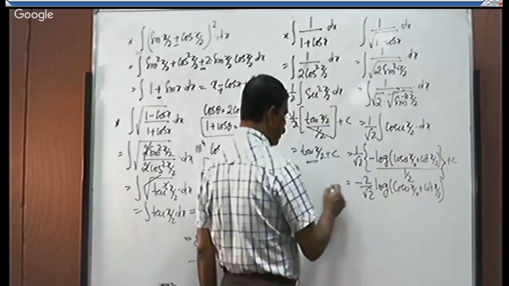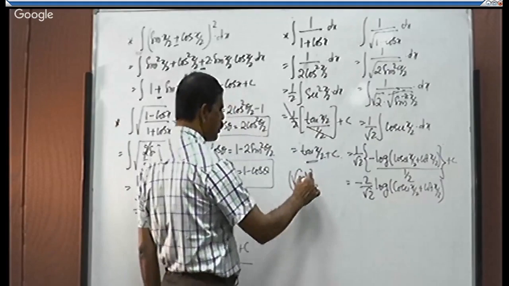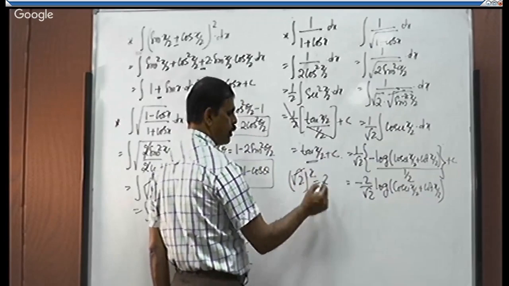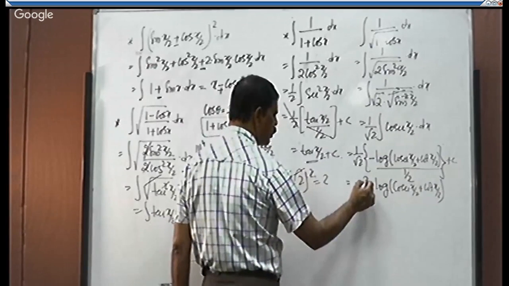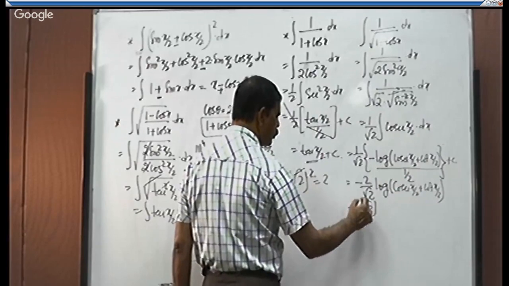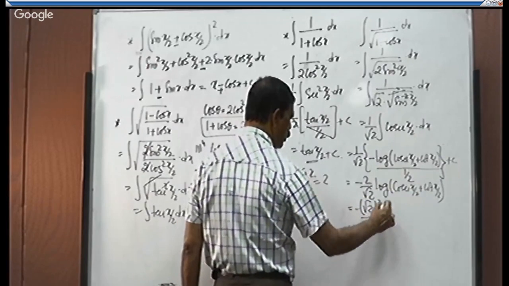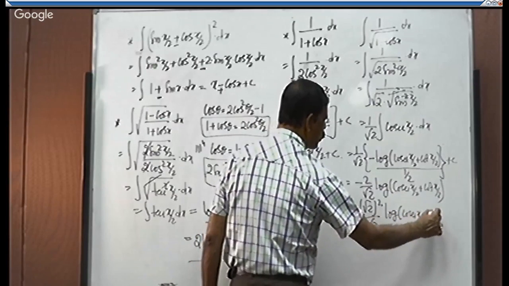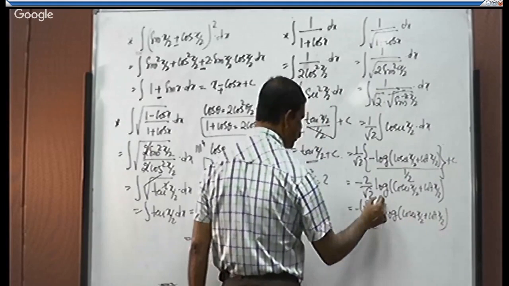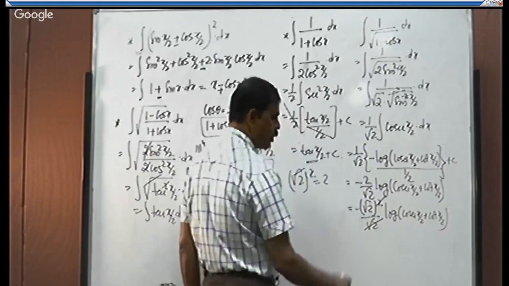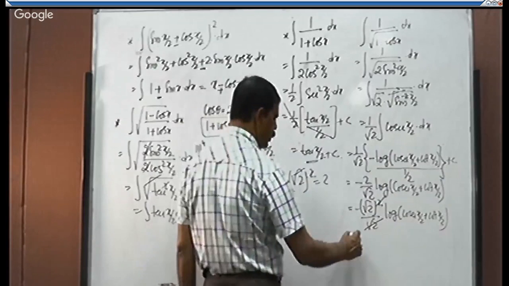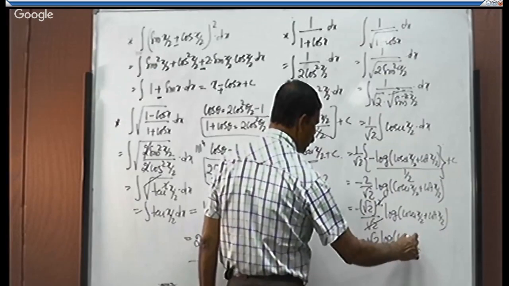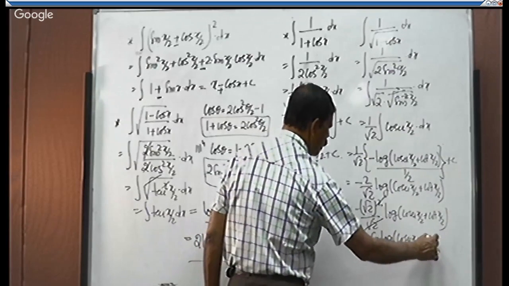This 2 can be taken as root 2 square. Root 2 square is what? It is 2 only. So here is root 2 by root 2 into log of cosecant x by 2 plus cot x by 2. So this root 2 gets cancelled. Finally, it is minus root 2 into log of cosecant x by 2 plus cot x by 2.